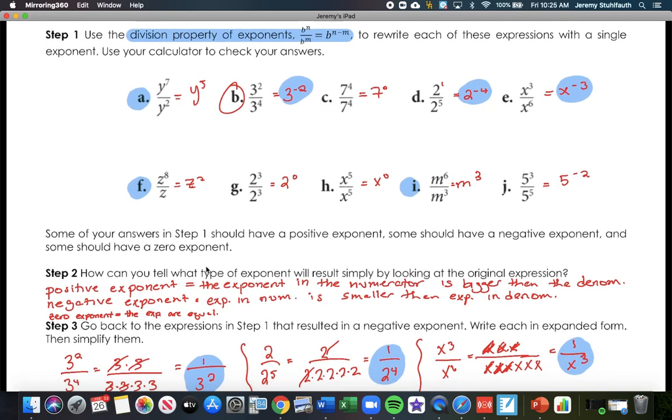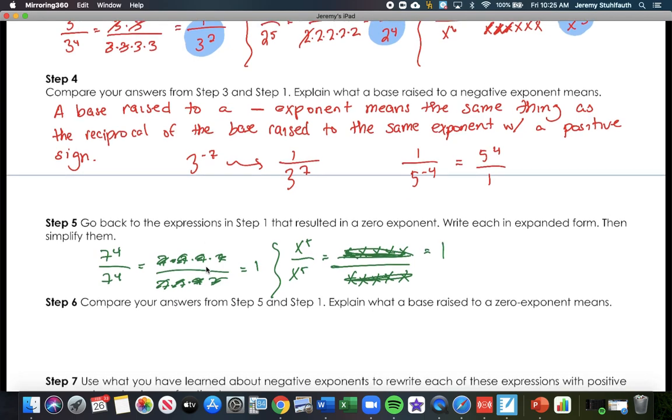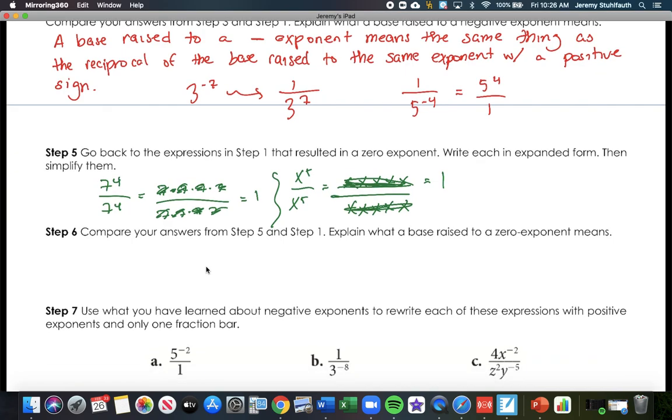If we take a look at x to the 5th, x to the 5th divided by x to the 5th is equal to x times x times x times x times x divided by x times x times x times x times x. Each of those x's cancel out with each of those x's, and you're left with 1. So if we compare our answers from step 5 and step 1, we can come up with something about what a base raised to a 0 exponent means.